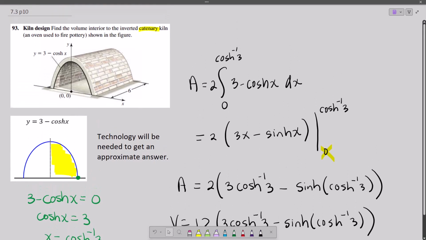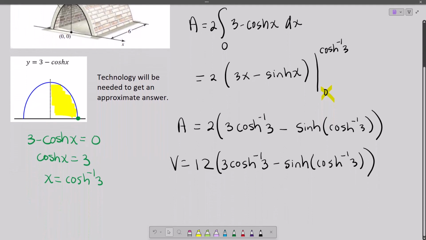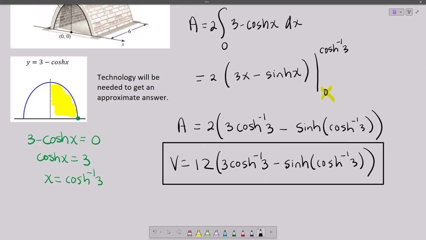Do they give us units here? They don't. It starts to look really messy with all these inverses.